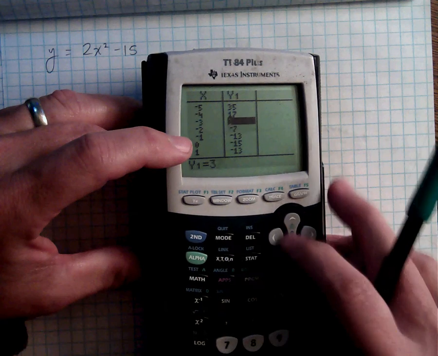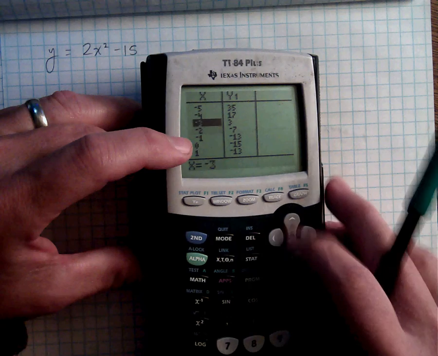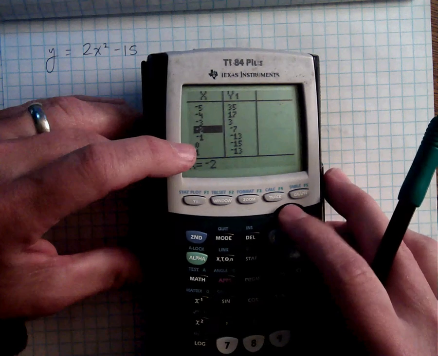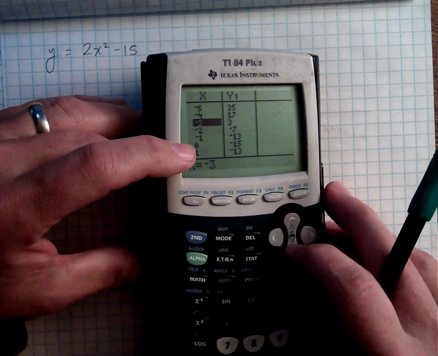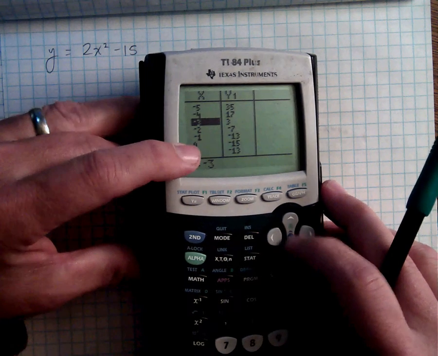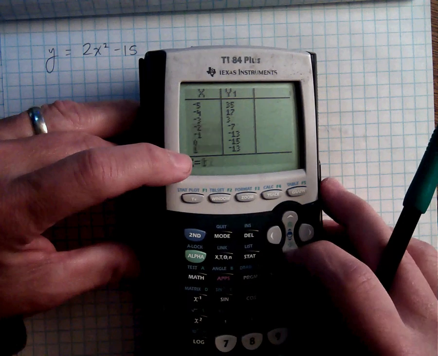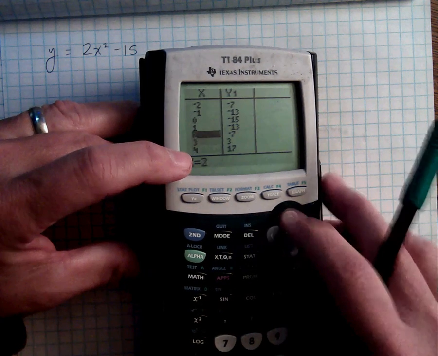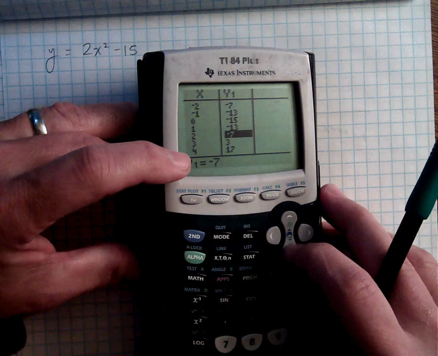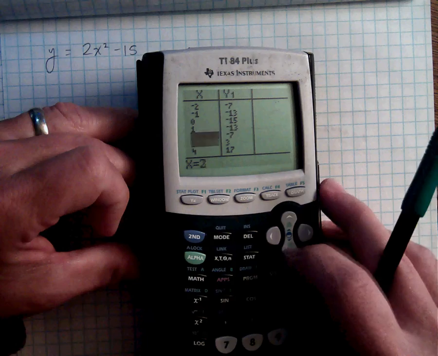So that means that the x-intercept is somewhere between negative 3 and negative 2, right? And if I scroll down, right there, it changes from negative to positive. So I know my other x-intercept is somewhere between positive 2 and 3.